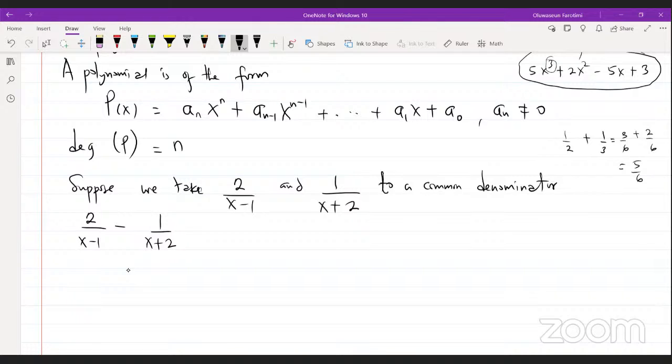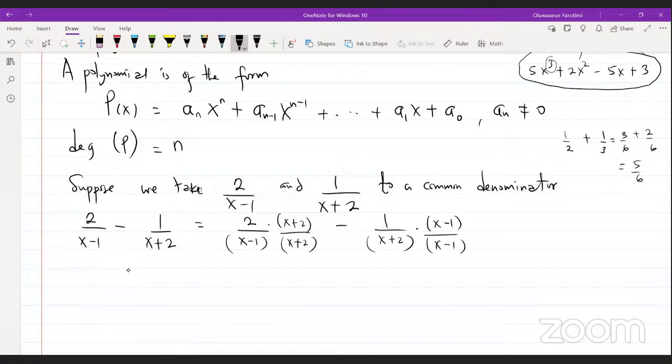If I need these to have the same bottom, this becomes 2 divided by x minus 1 times x plus 2 divided by x plus 2, I introduce that. Minus 1 divided by x plus 2, times x minus 1 over x minus 1.